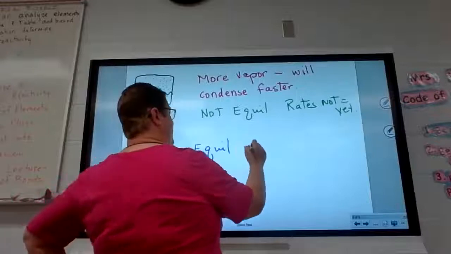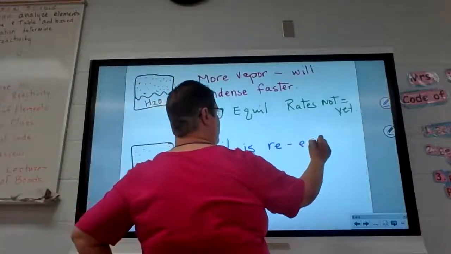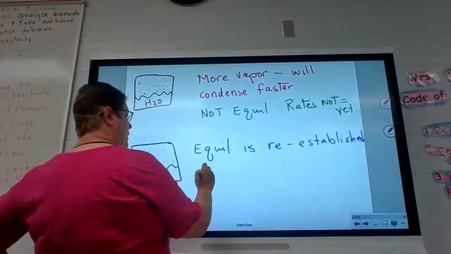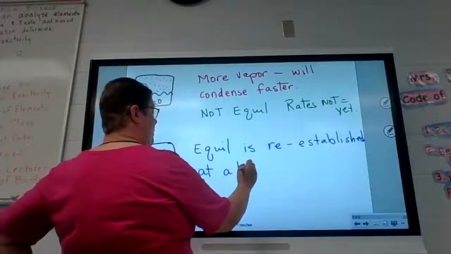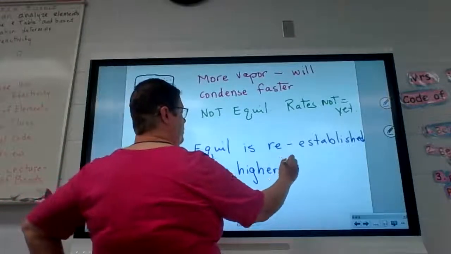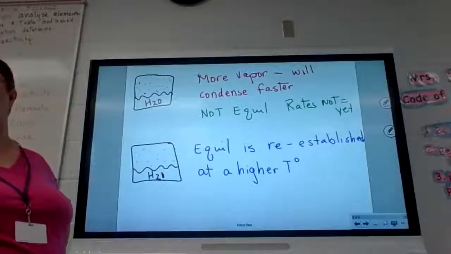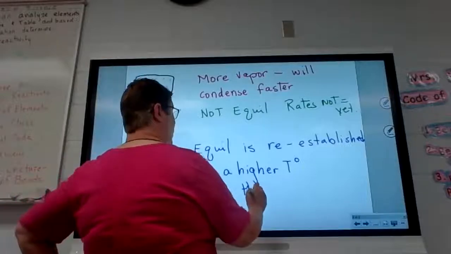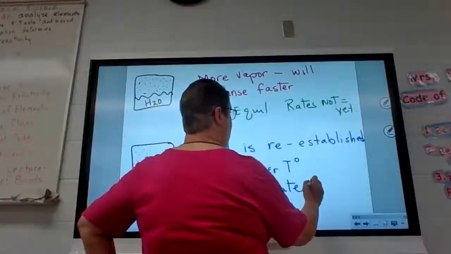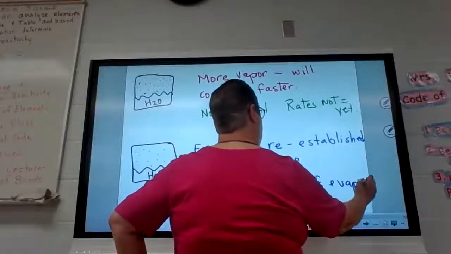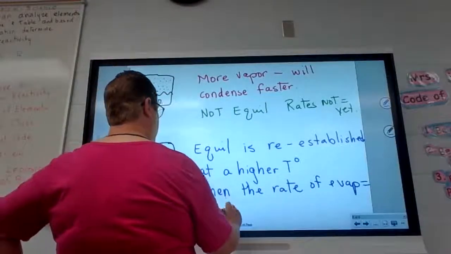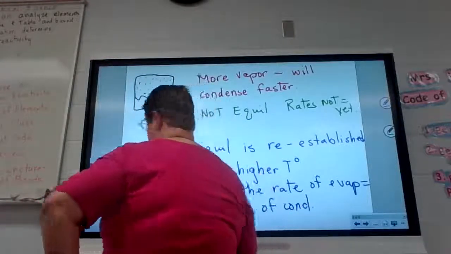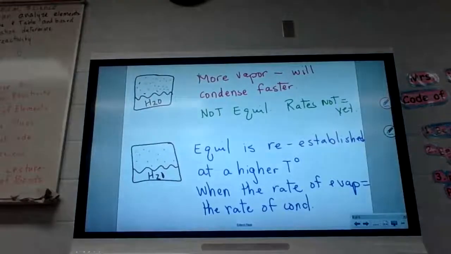Equilibrium is reestablished at a higher temperature when the rate of evaporation equals the rate of condensation. All right. Did you write that down?